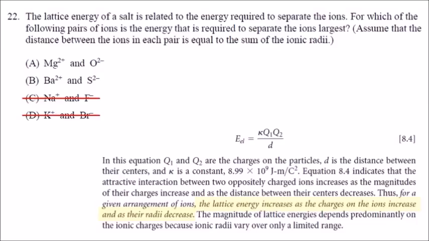It also says lattice energy increases as their radii decrease. So which of these pairs of ions have a smaller ionic radii? That would be the best choice. Now barium and sulfide are larger in size than magnesium and oxide. So the correct answer, higher magnitude of charge, smaller ionic radii, is A.